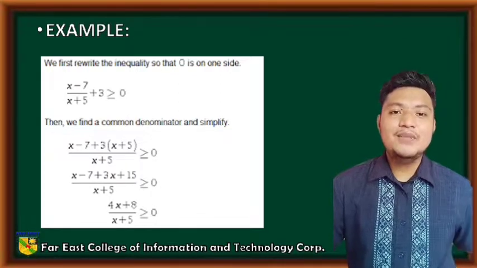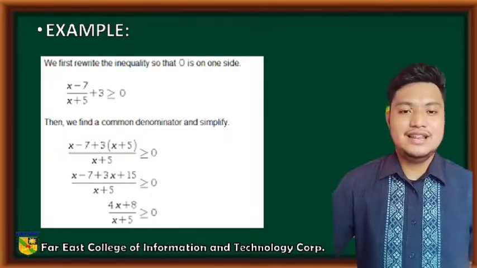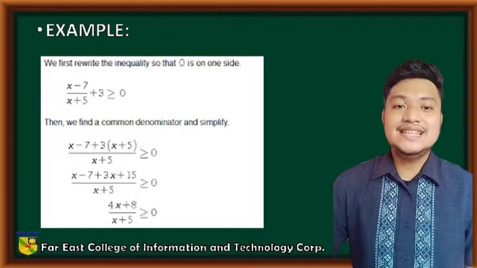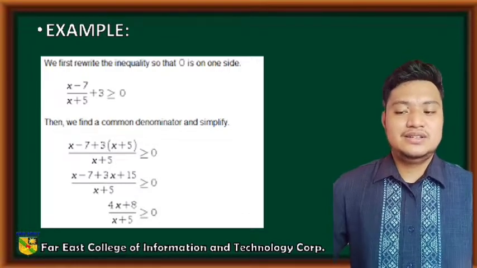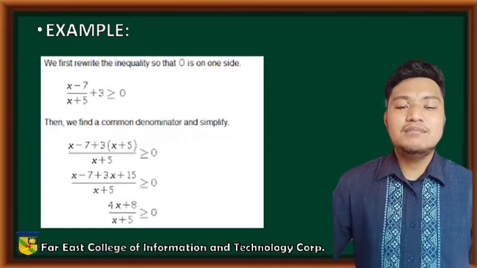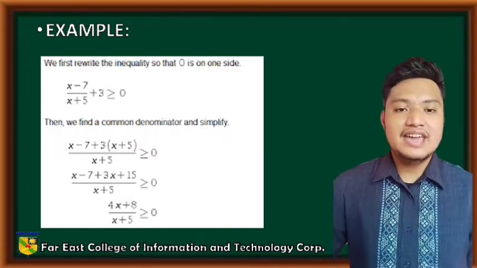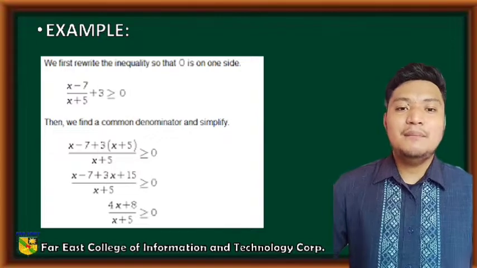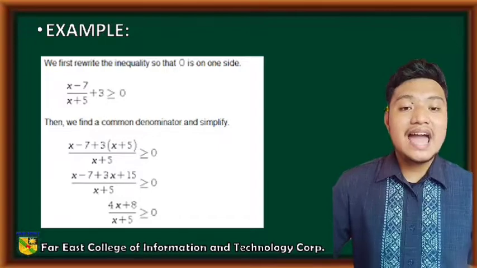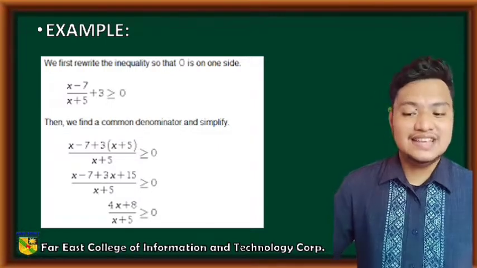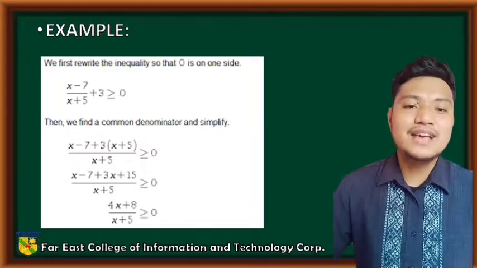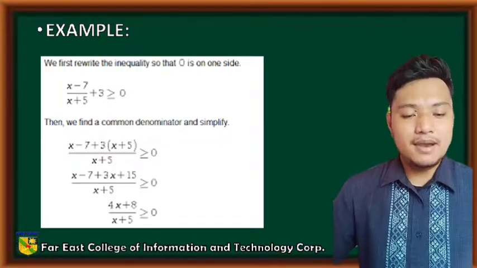And then after we get the least common denominator, you need to combine the like terms in the numerator. Before that, since meron siyang multiplication kay 3 tsaka kay x plus 5, we apply the distributive property. So, 3 times x is 3x. 3 times 5 is 15. So, x minus 7 plus 3x plus 15.